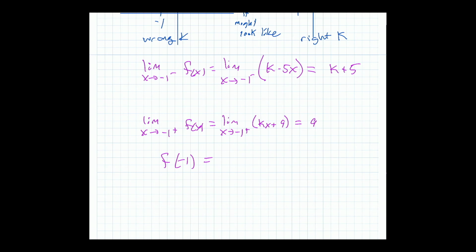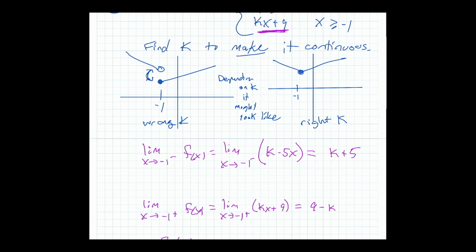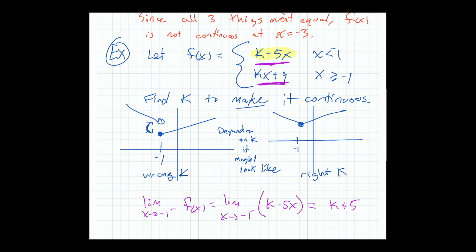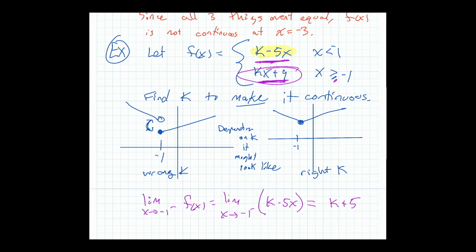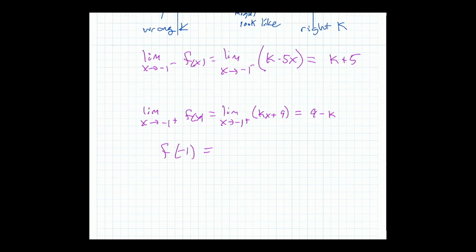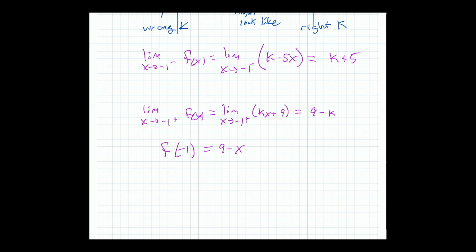So that's 9 minus k. Okay. Now the last one, you have f of -1. Well, which one of these do you use if you have x equals -1? This one again, right? Because of the equals there. So you put in -1 there again, and you get the same thing, 9 minus k.